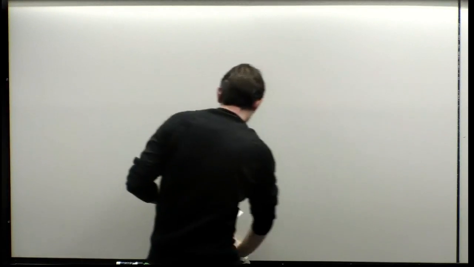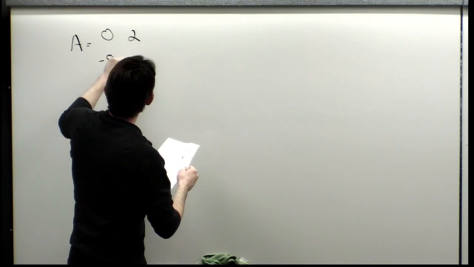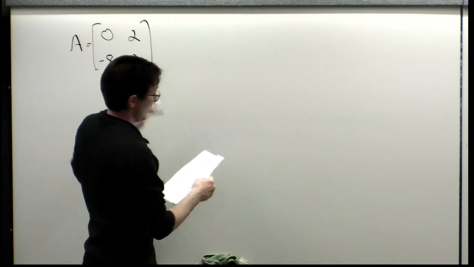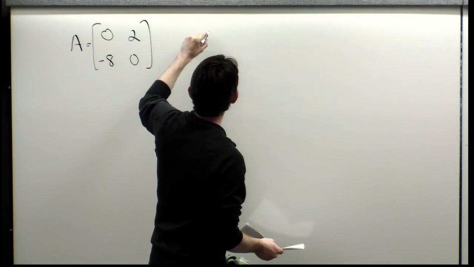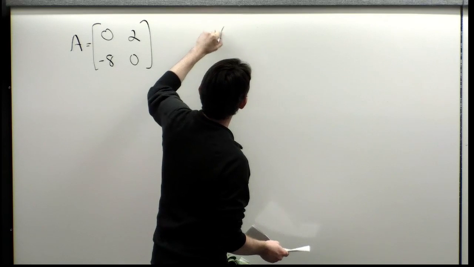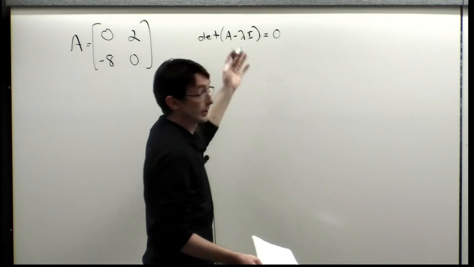So let's look at an example of that, okay? If I have this matrix A equals 0, 2, minus 8, 0. Remember how we compute eigenvalues. We solve this equation. We look at the determinant of A minus lambda I, and we set it equal to 0.